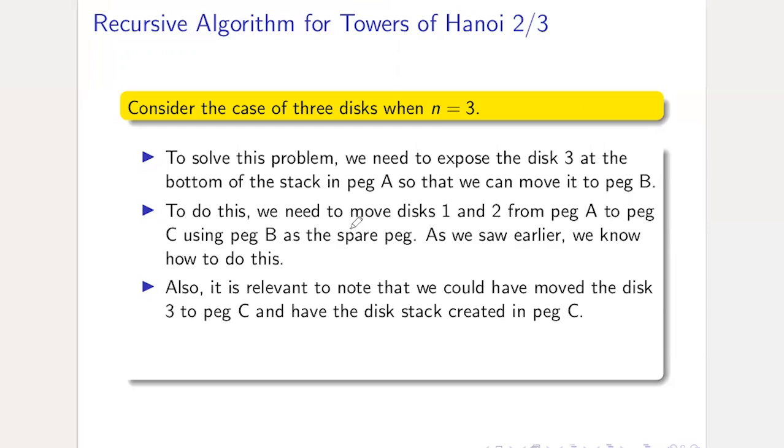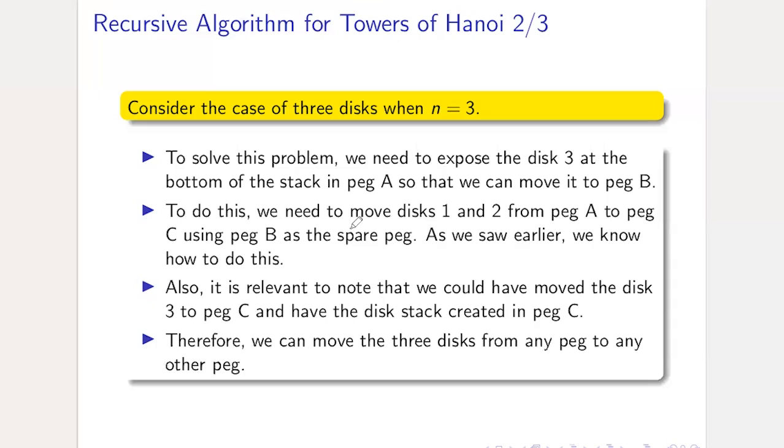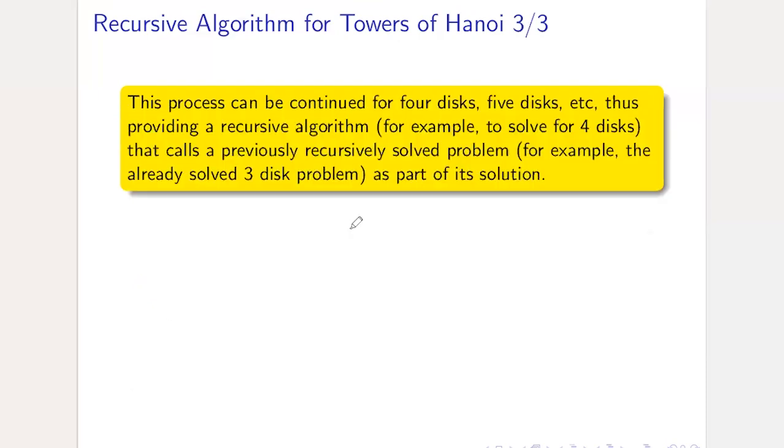But when solving this problem recursively, we can shift around which one is the source, which one is the destination or the goal, and which one is the spare. Therefore, this approach can be used for any number of disks. So this will build up a recursive algorithm.